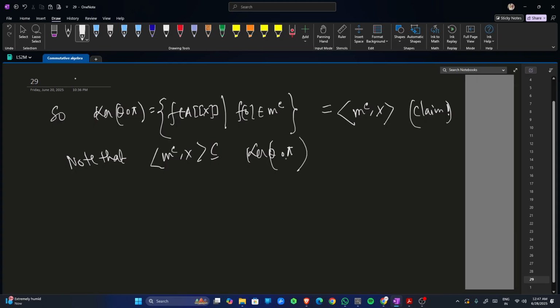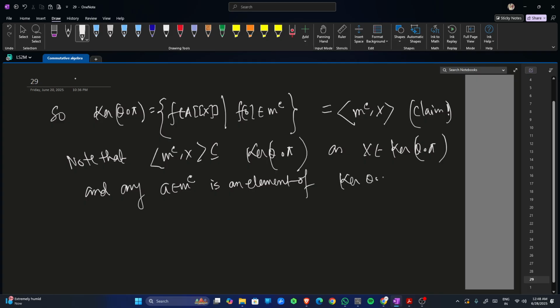I mean, if you take any F, if the constant term is in m contraction, and the rest of the terms are multiples of x, so it is here. x is in the kernel of theta compose pi, and any a belonging to m contraction is an element of the kernel of theta compose pi. The reverse inclusion is trivial.